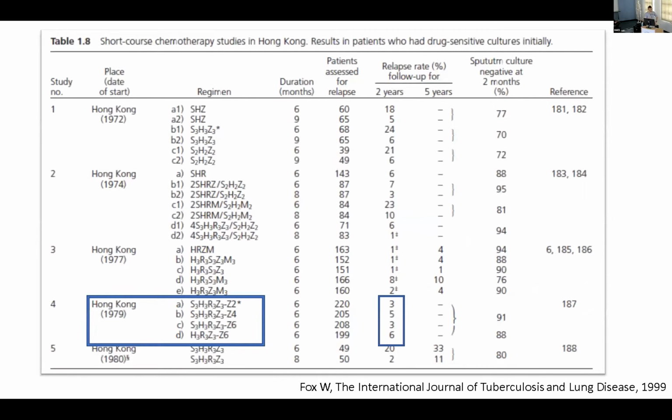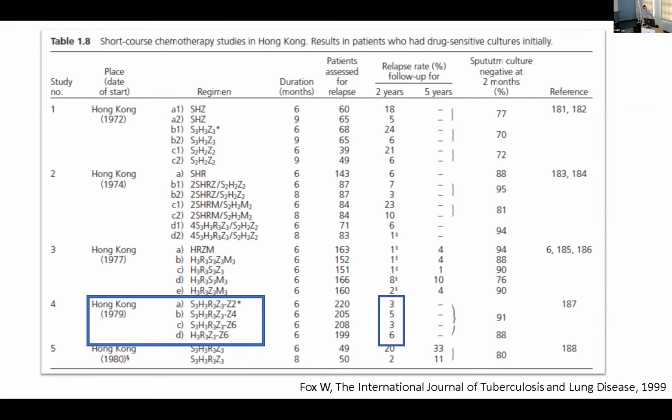Okay, and then once again, a very old study, but this is short course chemotherapy done in Hong Kong. And I specifically tried to show PZA and why it's used for 2 months rather than 4 months rather than 6 months. And as you can see here, what they've done in this regimen is streptomycin, isoniazid, rifampicin, and PZA.